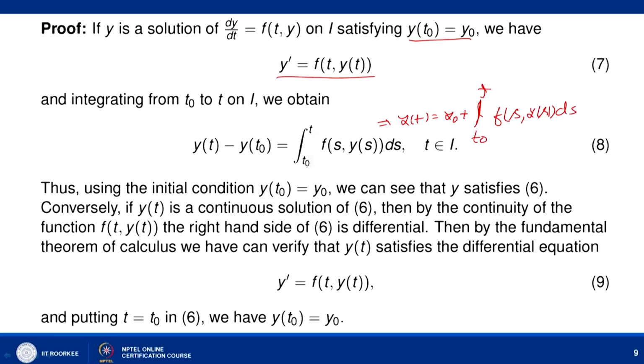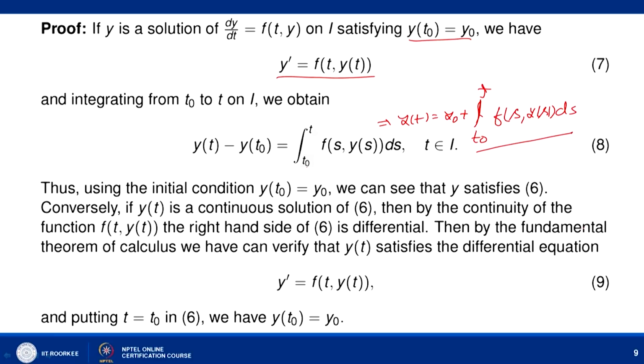So, we have shown that if y is a solution of this initial value problem, then y is a solution of this integral equation. Now we want to show the converse. Conversely, if y(t) is a continuous solution of 6, then by the continuity of the function f(t, y(t)), the right hand side is differentiable.